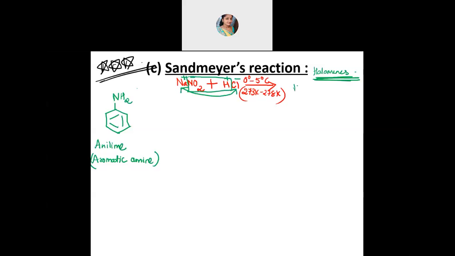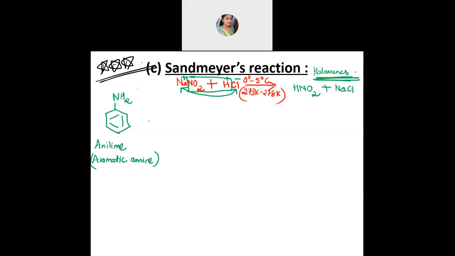So this acid will be formed, and this acid is not a very stable acid. You have to prepare it during the course of the reaction. You can't prepare and keep it like how we prepare HCl and keep it. They are quite stable. This is not a stable compound, so it has to be prepared. Whenever you need HNO2, you have to make these two things react, and only then it will be prepared.